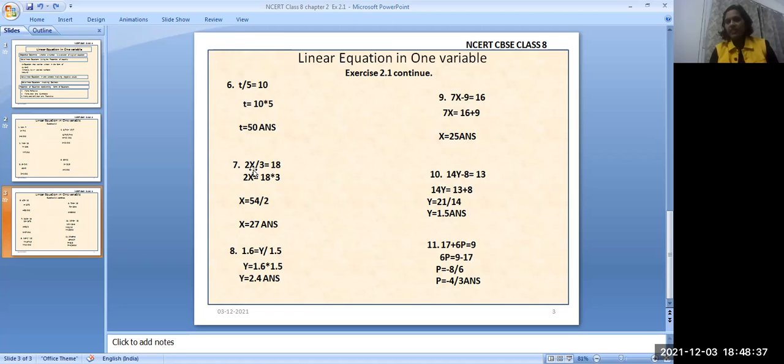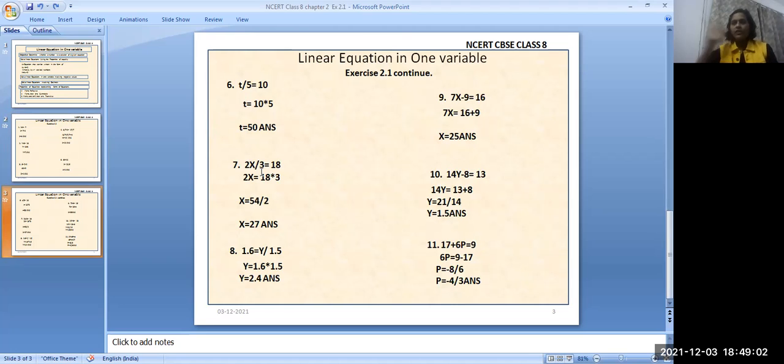Question number 7, 2 into x by 3. Here you can see variety of questions are changing. I have covered all the variety of questions. 2 is in multiplication with a variable and 3 is in division with the variable. Now 2 into x divided by 3 is equals to 18. So this 3 is in the denominator.